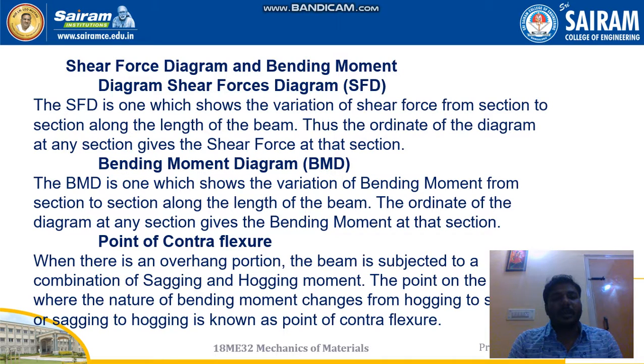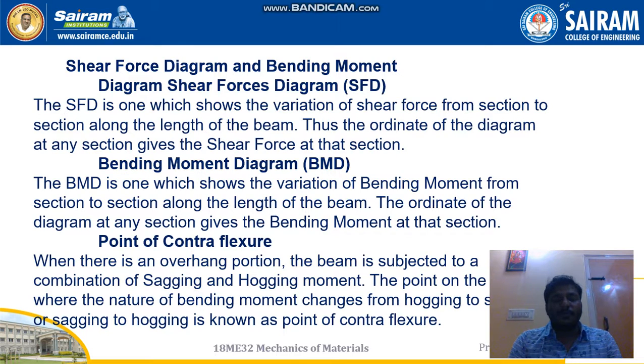The bending moment diagram is one which shows the variation of bending moment from one section to another section along the beam. The ordinate of the diagram at a section gives the bending moment at that section. Here also we consider the bending moment along the length of the particular beam, and we do not consider any forces.